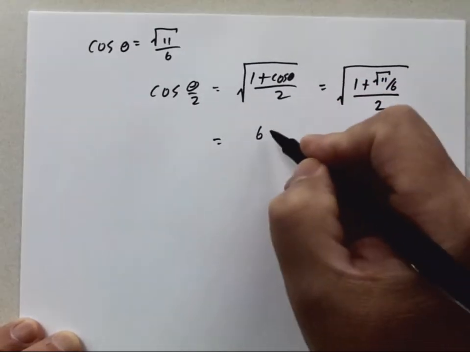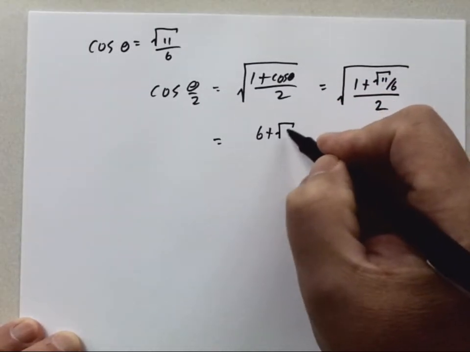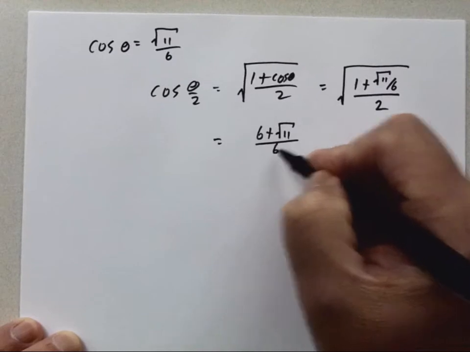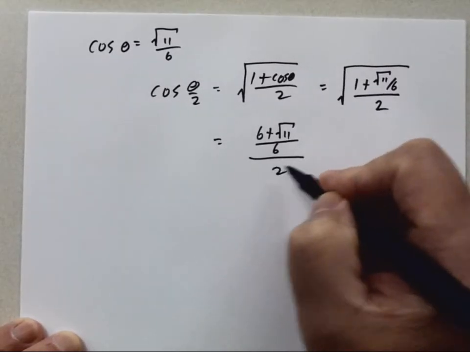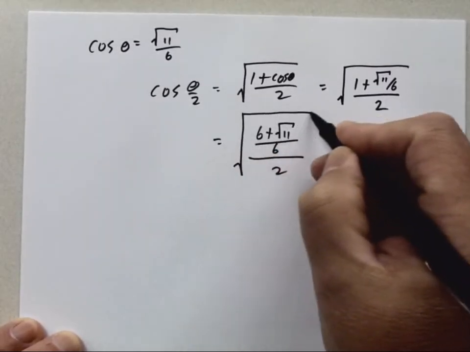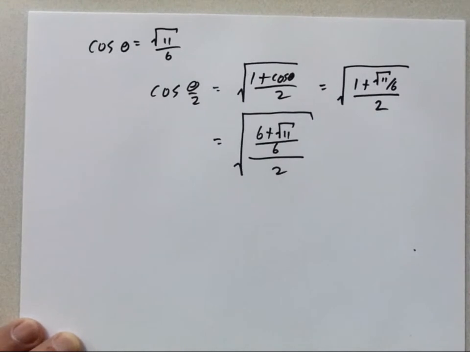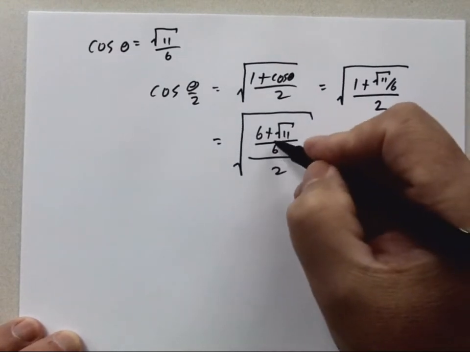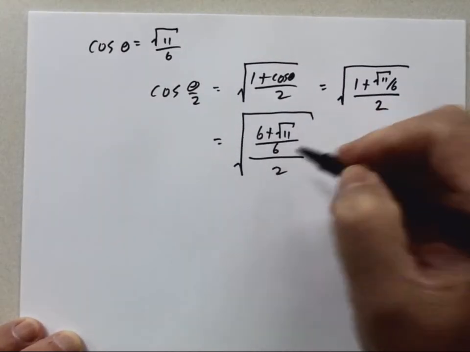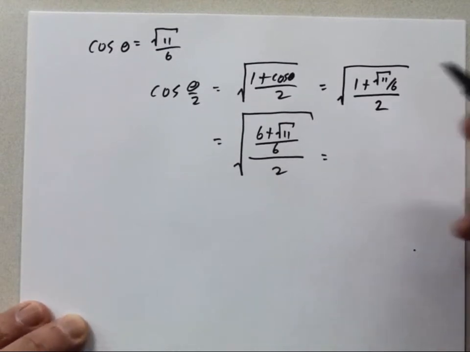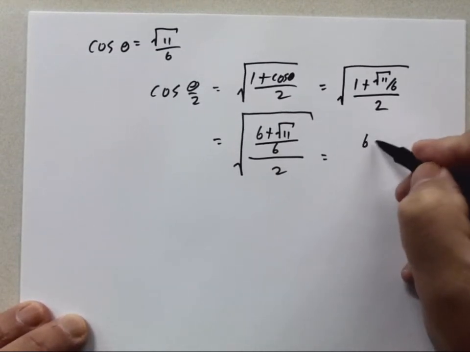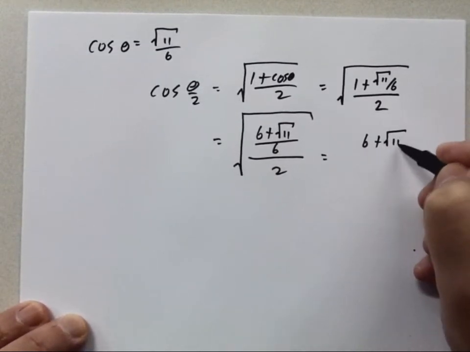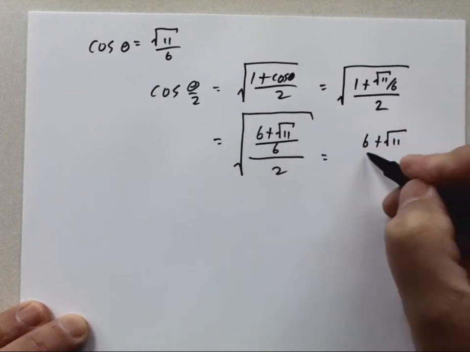So hopefully you all see that I end up with this whole thing under the square root. And now I have a fraction over a number. We've talked about that. So I multiply the 2 times the 6.